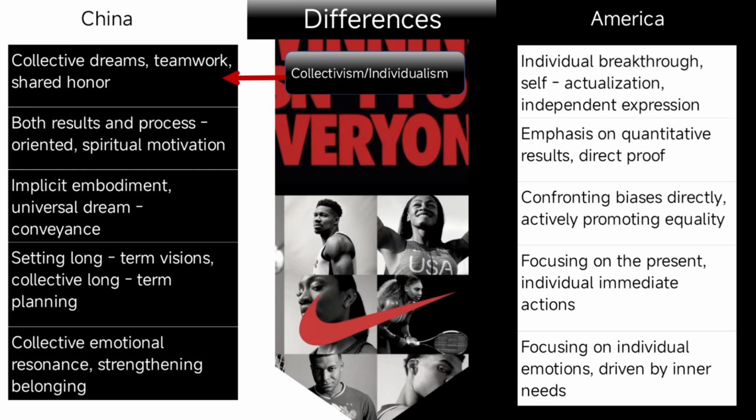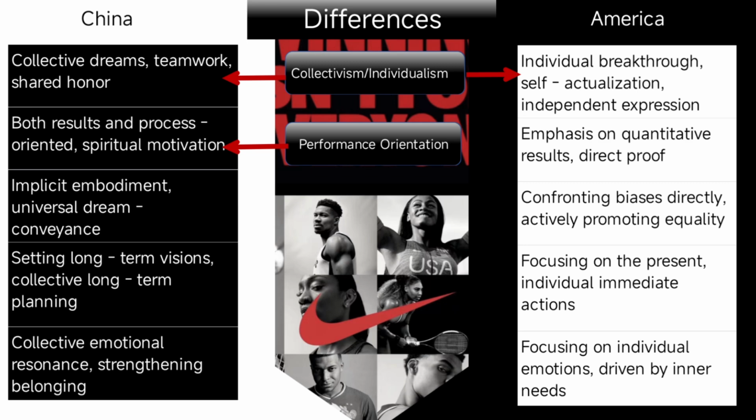In America, however, people focus on individual breakthroughs, self-actualization, and independent expression. Second, regarding performance orientation. China values both results and process, along with spiritual motivation. America, on the other hand, lays stress on quantitative results and concrete proof.